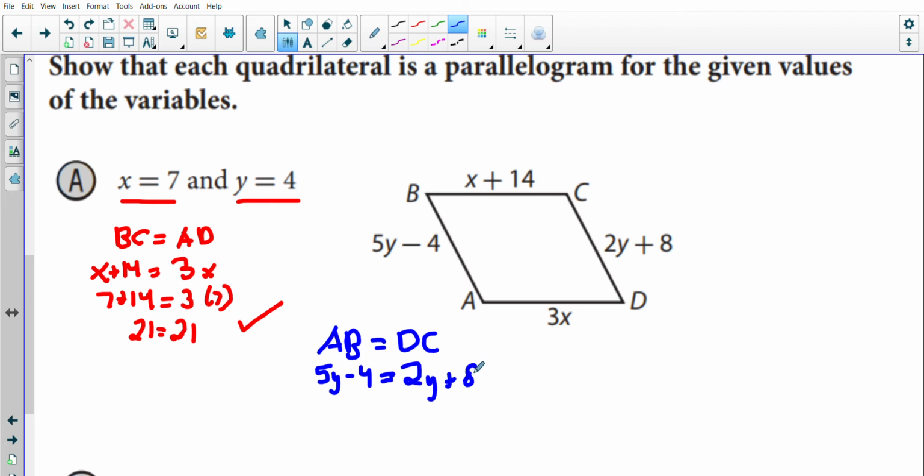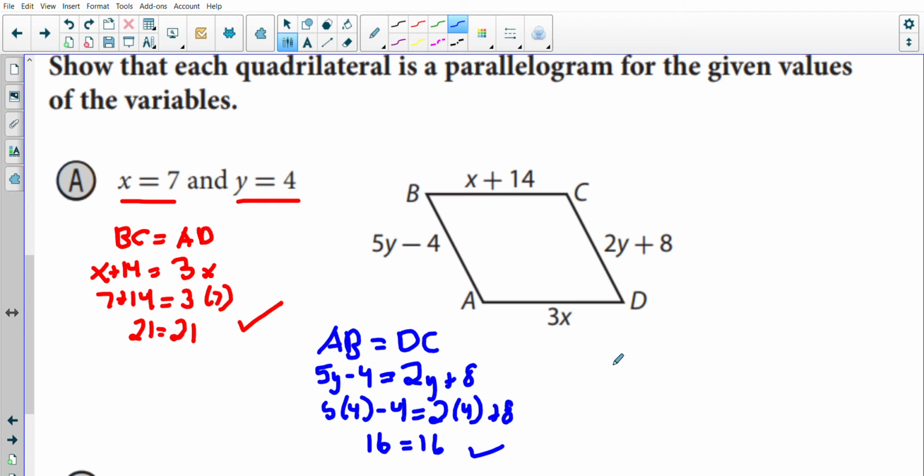I'll plug in that value for y, so this is 5 times 4 minus 4, and that has to be equal to 2 times 4 plus 8. To keep a long story short, both of these end up being 16. We just followed the order of operations, with multiplication and then addition or subtraction. Both of these equal 16.